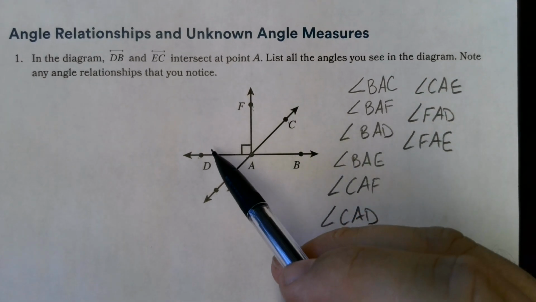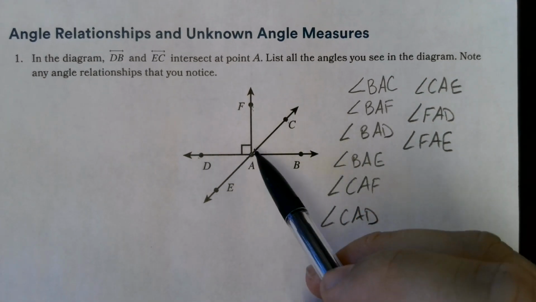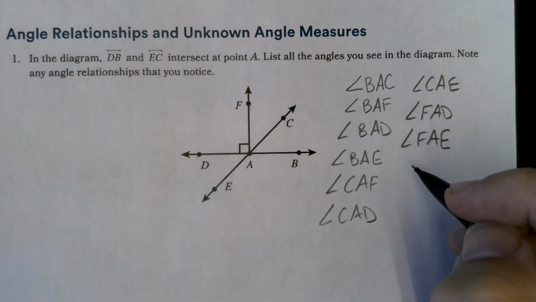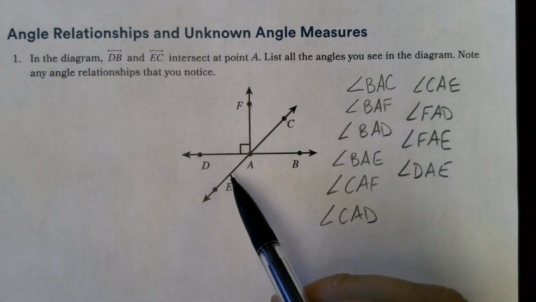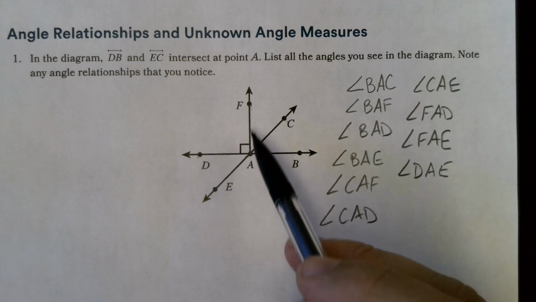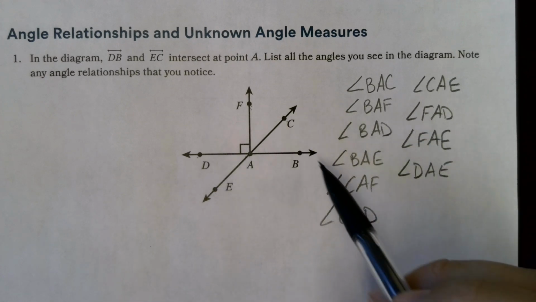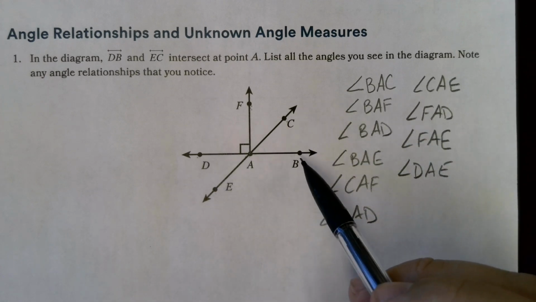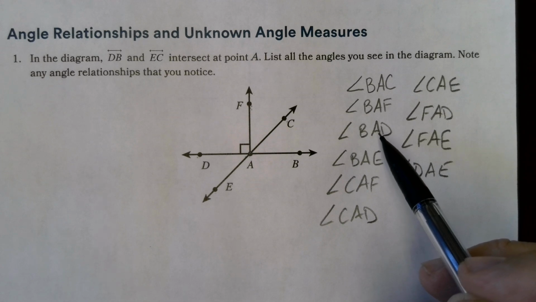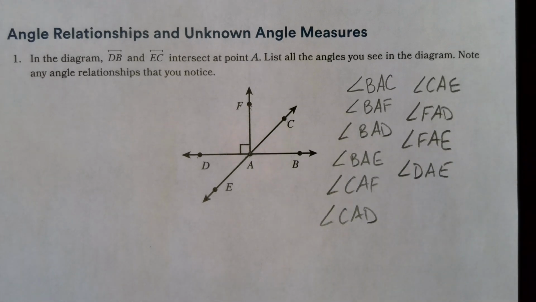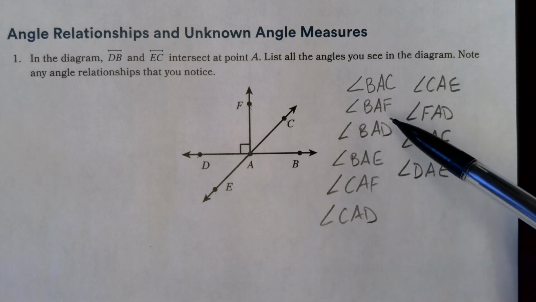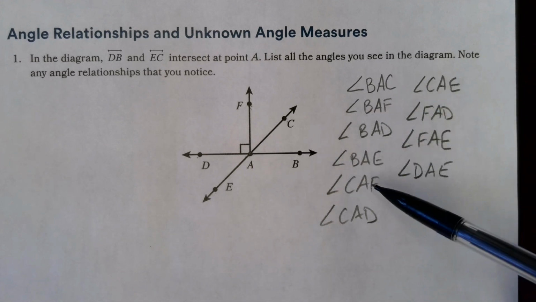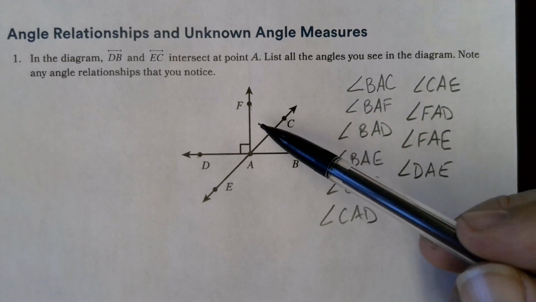Going around to the next point, I have DAE. And all the others that have D in them, so it would be DAF. We already have that. DAC. We've already got that one. DAB. We've already got that one. So all of these that are listed, again, you can write backwards to also label and name the points.